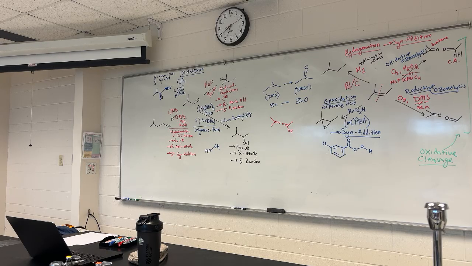Elemental chlorine. Actually, yeah, this one's right. Great job. I was really thrown off by the ketone on there, but on that one it's just Cl2. And you've actually added H and Cl. You went from CH2 to CH3.